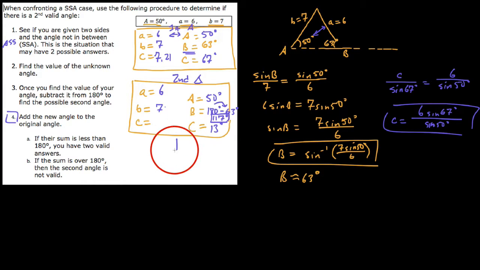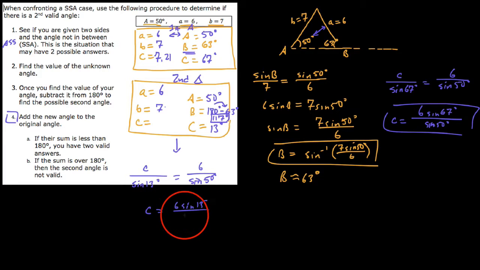Now, looking at C in the second triangle, we say C, this time over the sine of 13 degrees, would be the same thing as 6 over the sine of 50. So again, we run our cross product. We get C sine 50 equals 6 sine 13. What we end up with is really 6 sine 13 divided by sine 50, and this is our exact value for C in our second triangle.